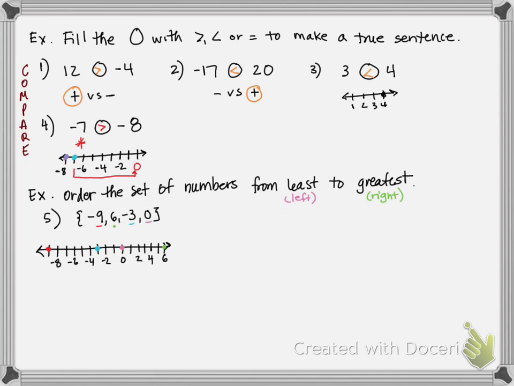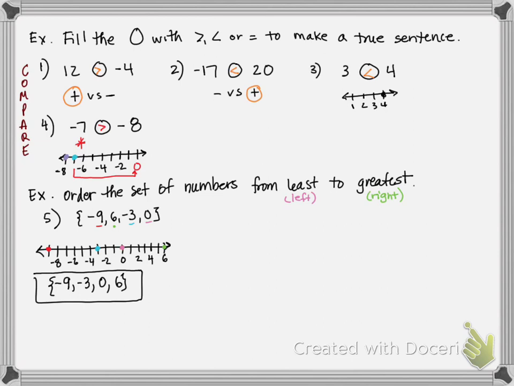So red went with -9. The aqua blue went with -3. The pink was 0, and the green was 6. And that would be the answer to this problem. It would be the set -9, -3, 0, and 6.